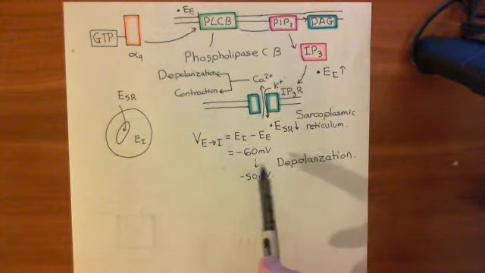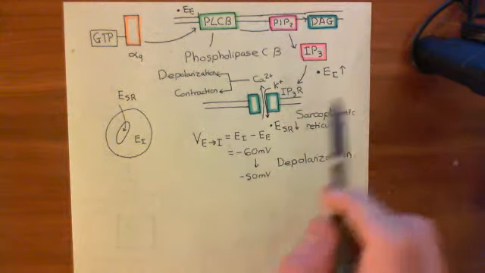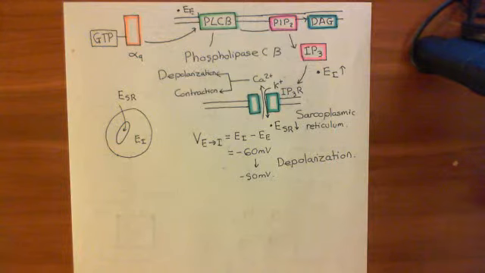So this number that was initially negative 60, which meant that the intracellular potential was 60 millivolts lower than the extracellular potential, is going to become less negative. It may go up to negative 50 millivolts, and this is known as depolarization.